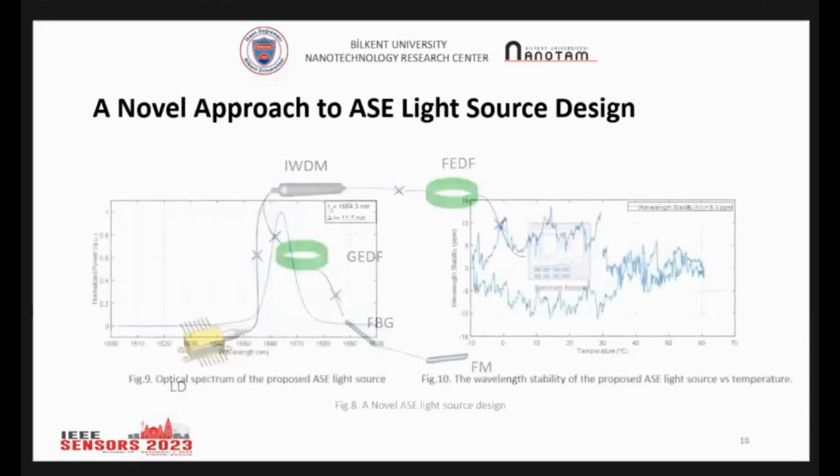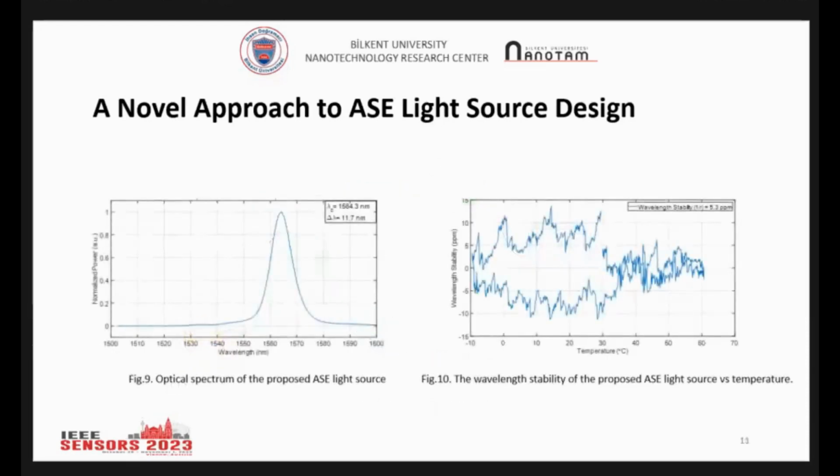In a similar way, we took spectrum measurements at room temperature and as a function of temperature. As you see, we succeeded in eliminating the absorption hump, and our central wavelength was shifted to the L band. This behaves much more stably in the same temperature range, -10 to 60.